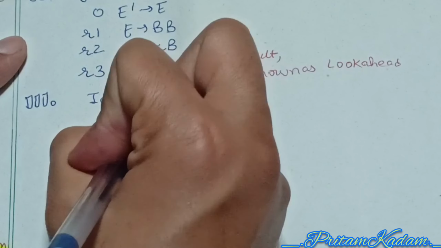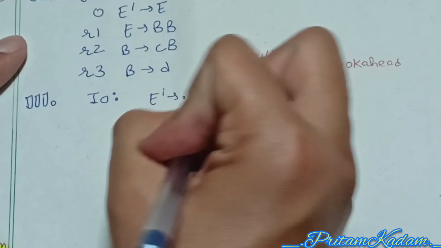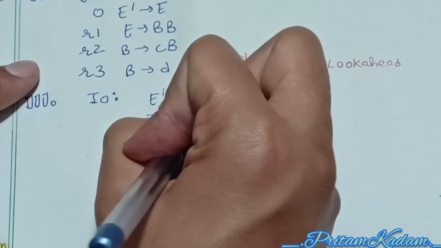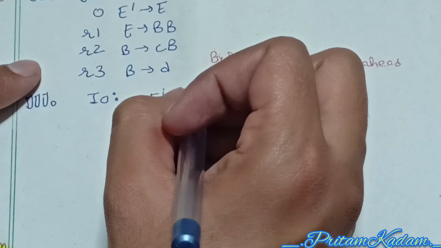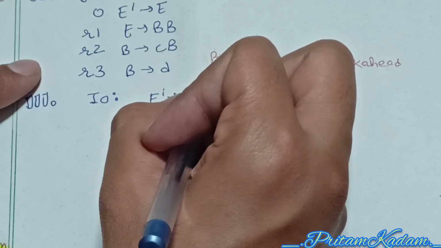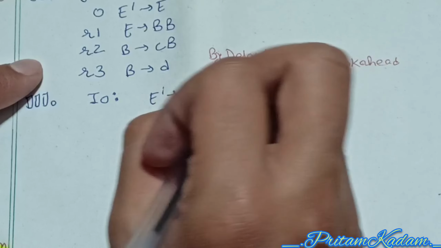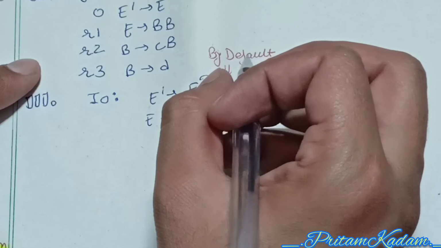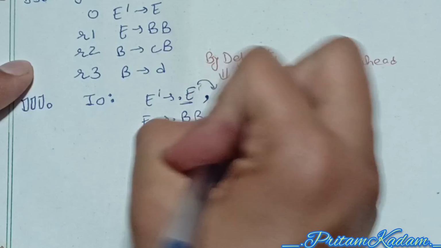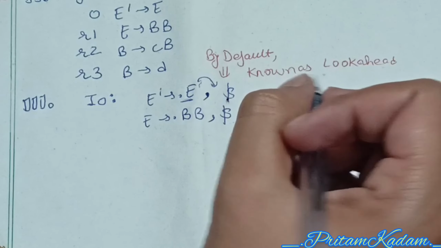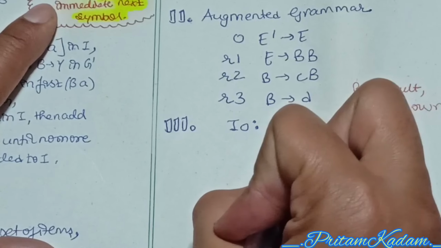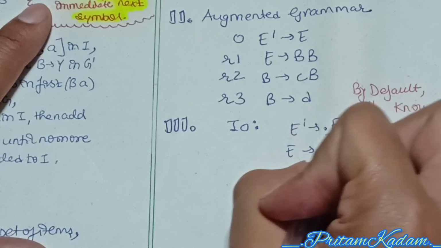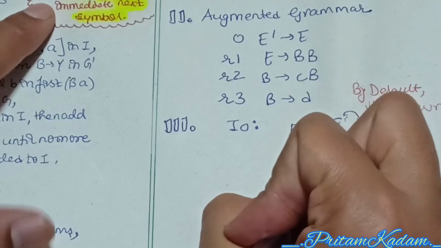So E gives dot capital B capital B. We will also write the lookahead. For the lookahead, we hide the terminal which caused this production and write the first of the next immediate symbol. Over here it was dollar, so first of dollar is dollar only.